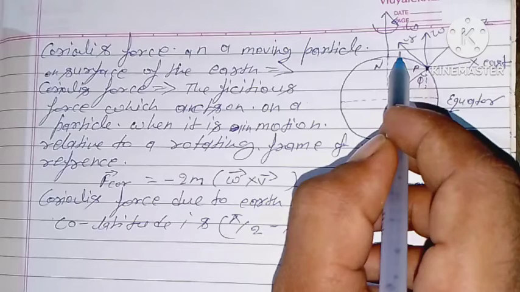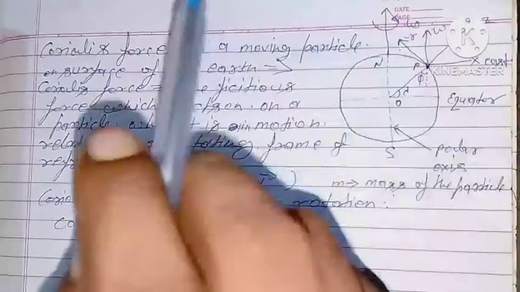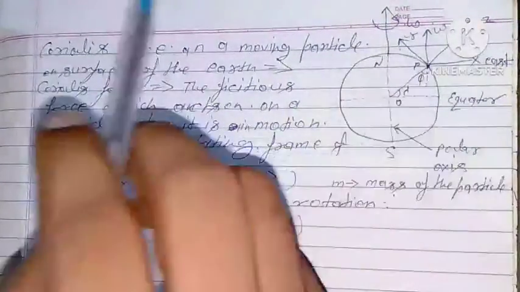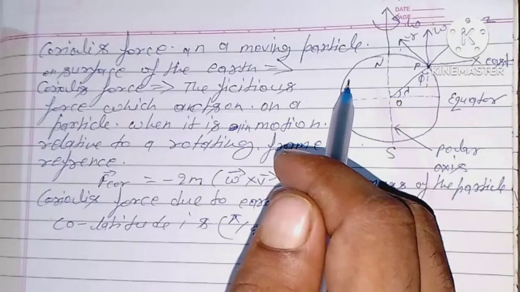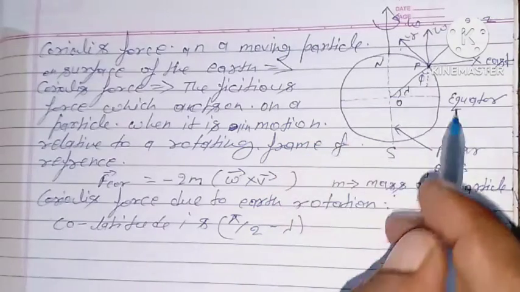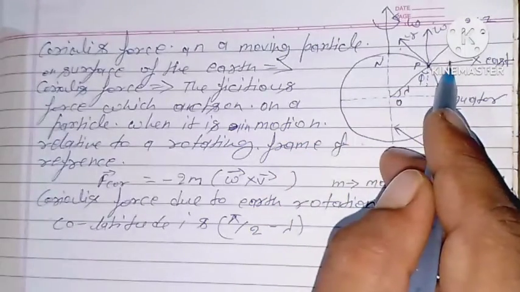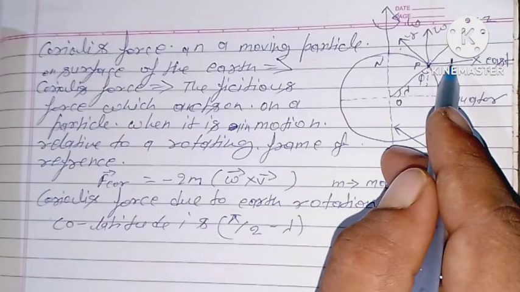The earth rotates from west to east, and the positive direction of the x-axis is taken toward the east.